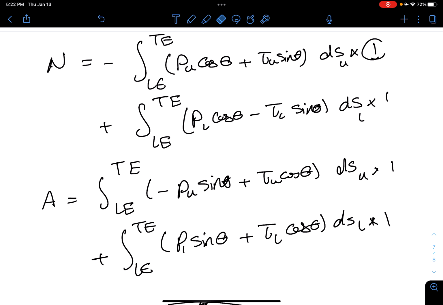Okay, and we are going to show this force per unit length with a prime. Whenever you see a prime, N prime, L prime, D prime, it means that we are talking about force on an airfoil, force per unit length, essentially. Does this make sense?